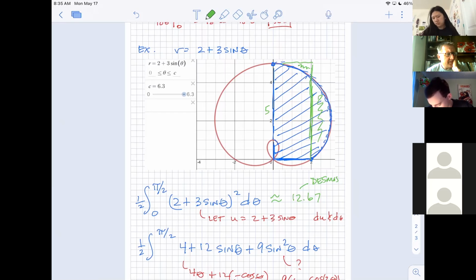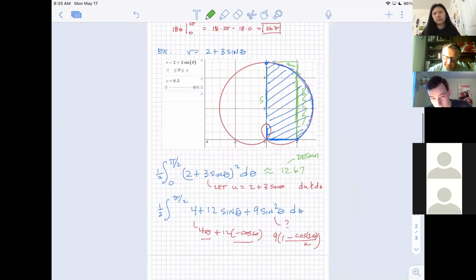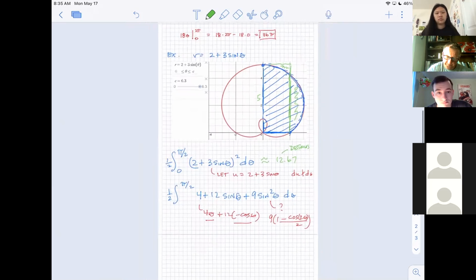Well, let's do something a little more interesting now. Let's find the area of just that small little loop. What's hard about that question?